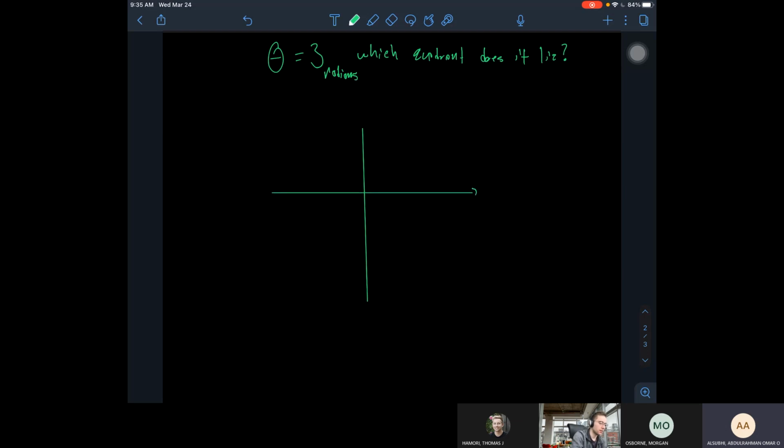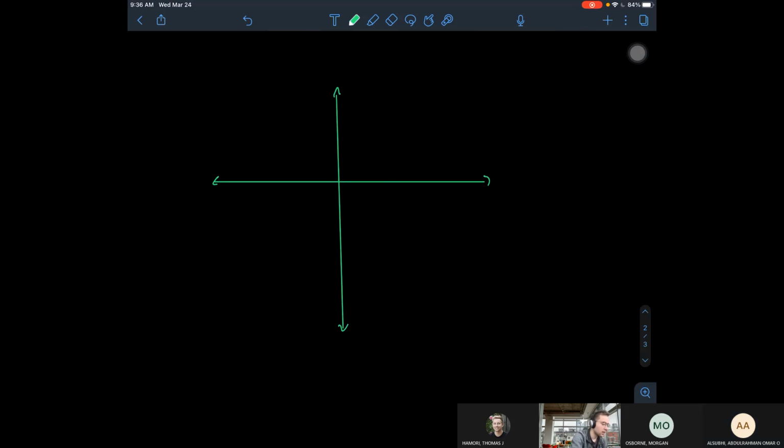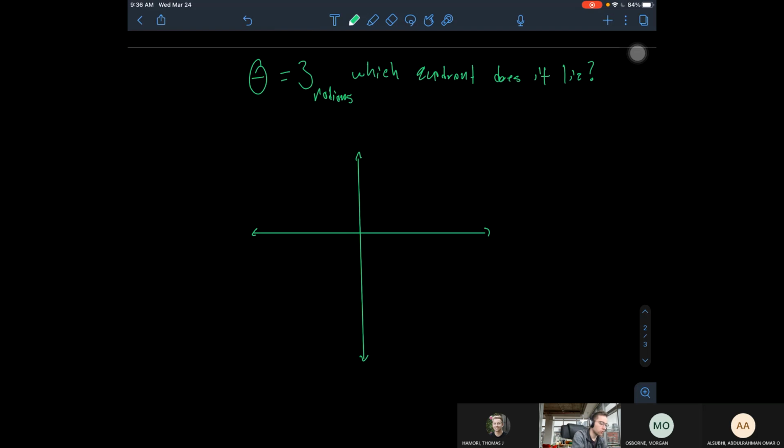Well, let's consider angles. Do you know in which direction the angle pi faces? The question is, in which direction does the angle theta equals pi face?